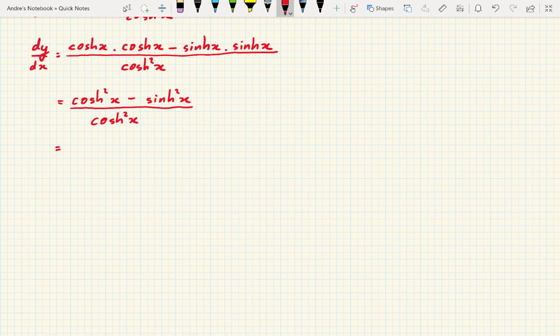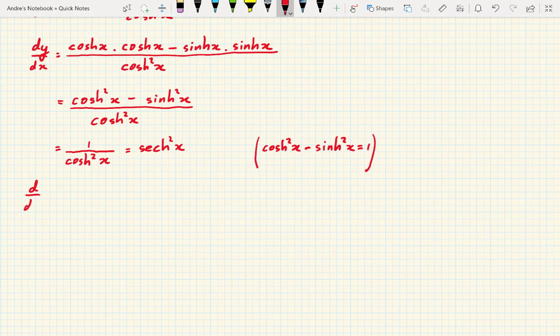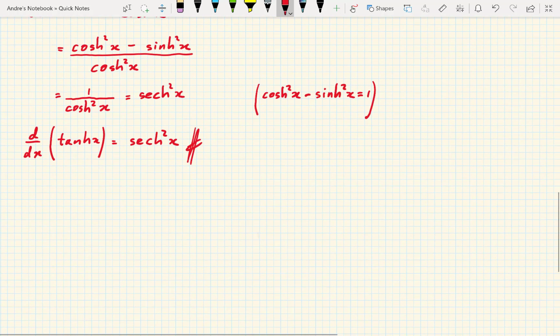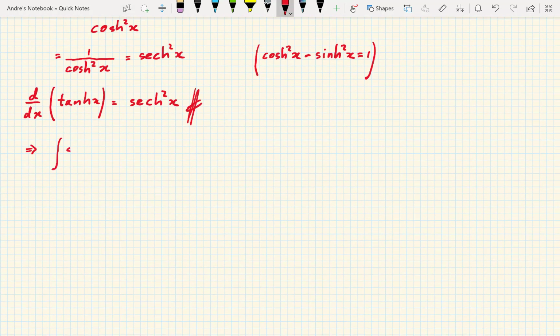Now we have already met the identity cosh squared x minus sinh squared x equals 1. So this simplifies to 1 over cosh squared x, or sech squared x. So the differential of tanh x is sech squared x, and therefore the integral of sech squared x is tanh x. But what about the integral of tanh x?